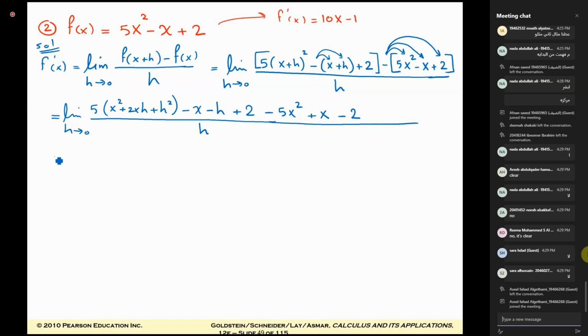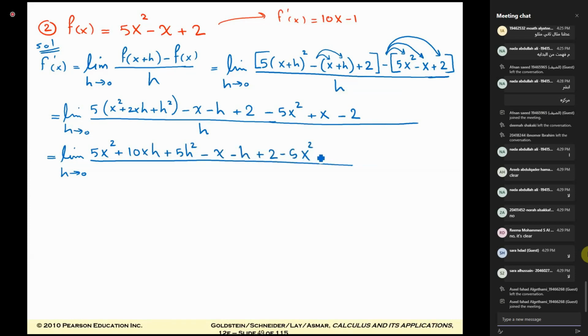More simplify. H goes to 0. 5x square plus 10xh plus 5h square minus x minus h plus 2 minus 5x square plus x minus 2 over h.